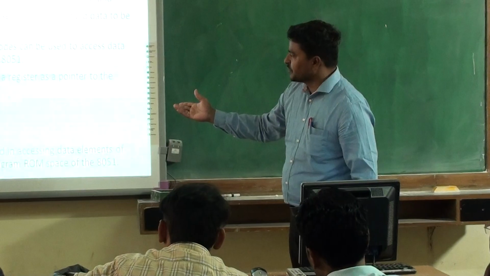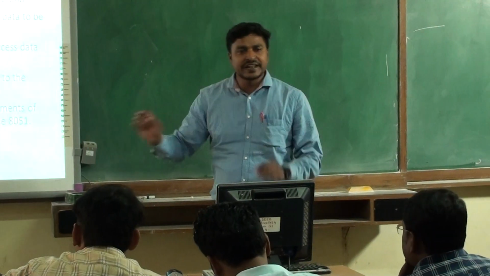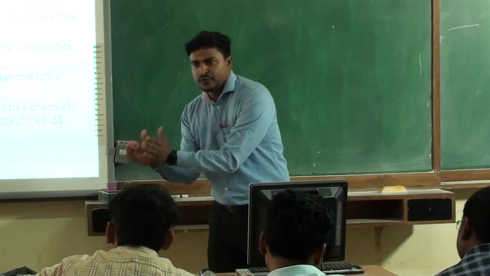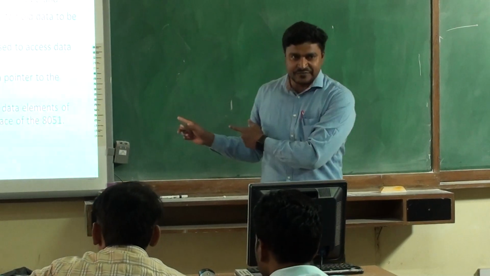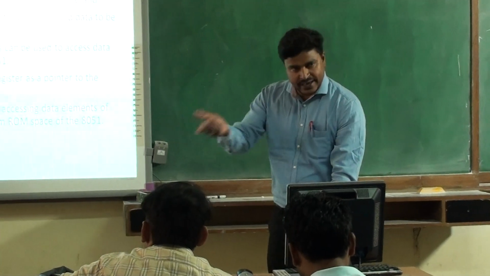And one thing I missed is indexed, which is very important. Suppose you have data in external memory and you want to access it; you use that type of data transfer, indexed data transfer, and that array will be accessed.